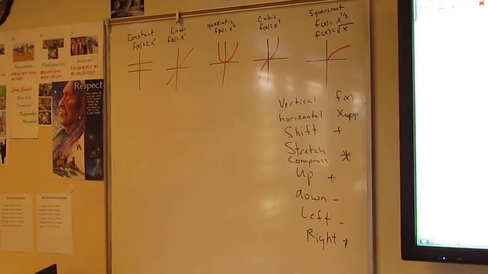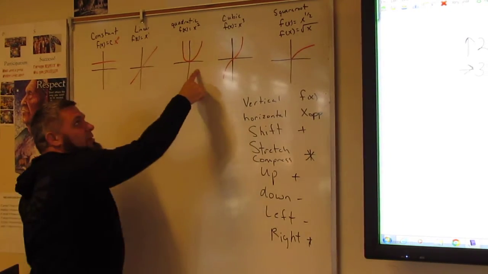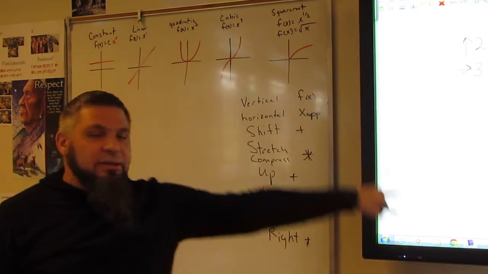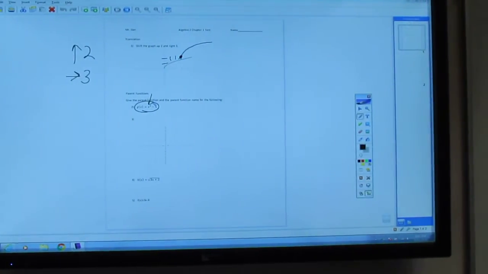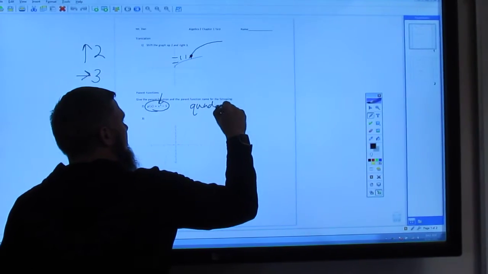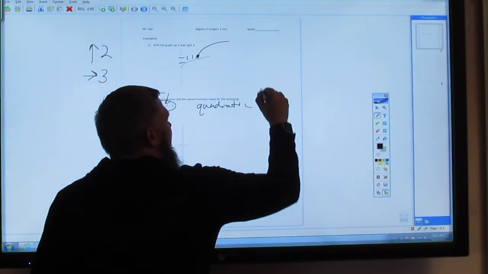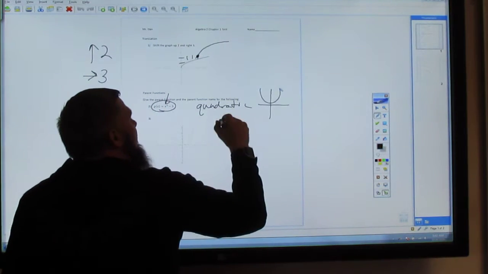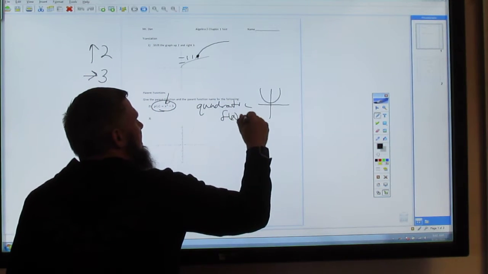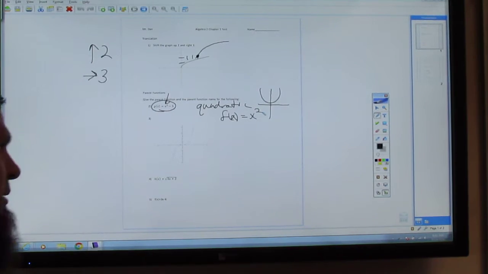So I need to write that in there. I know that it's a quadratic, but I also know that it looks like this. And I also know that f of x is equal to x squared. That's the parent function. Okay?